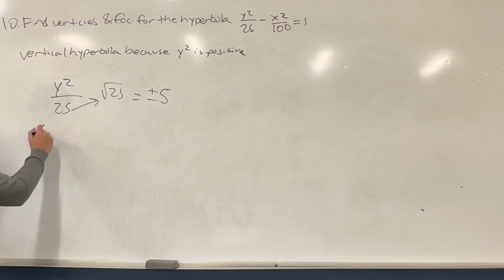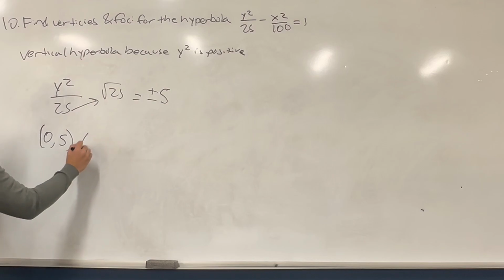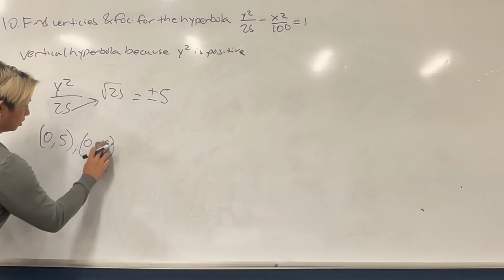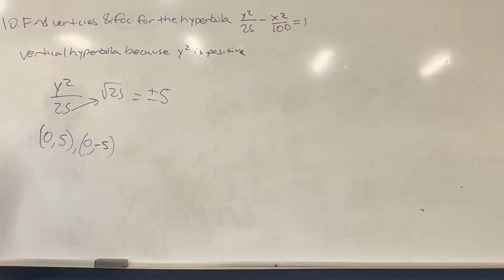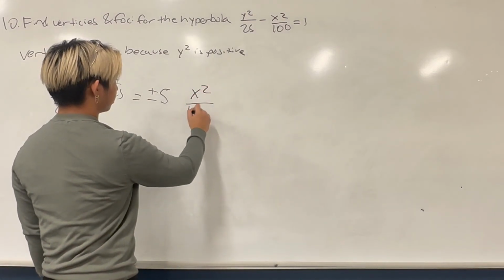So our points here would be, let's do positive first, 0, 5, and 0, negative 5. Okay, and then likewise, we're going to do x squared over 100.